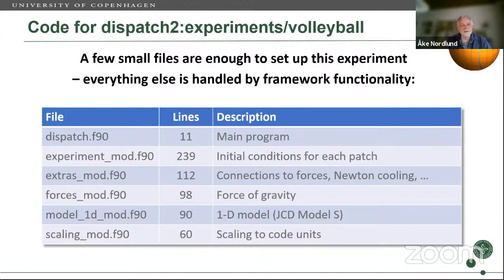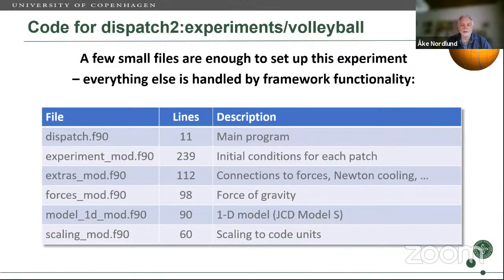It's a slightly different main program, which is 11 lines, and then it has a 240-line code that sets up initial conditions, basically interpolating in Model S, etc. This batch code connects to services like forces and cooling and so on using an extras module, which is really just a train station with couplings, and it consists only of calls.